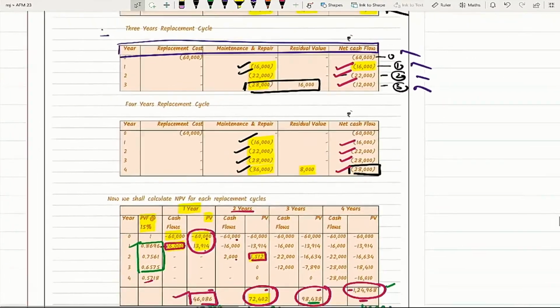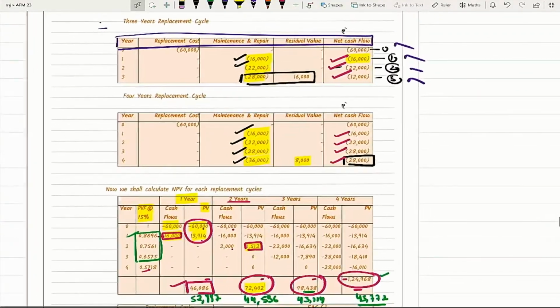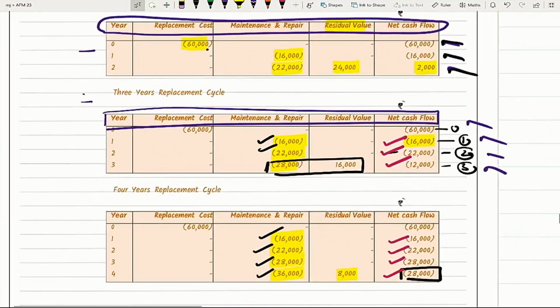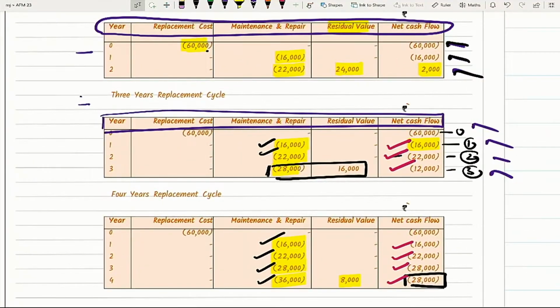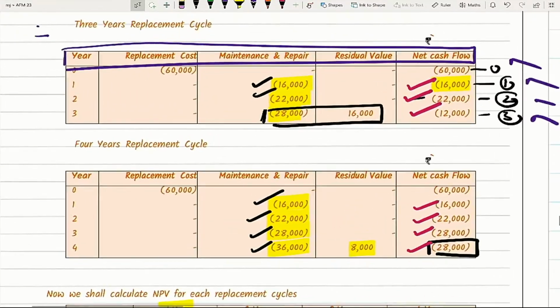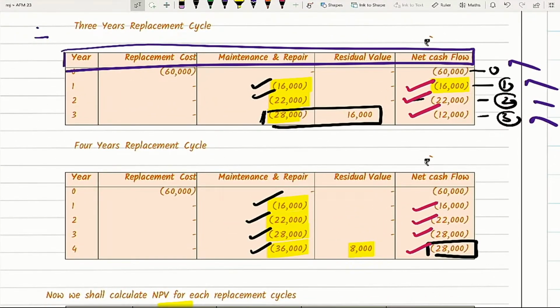Three-year replacement cycle. Is it okay? Just see once. Let me do one thing. Let me enlarge. 2 years you've taken, na? Just take 3 and 4. Three and 4 done.